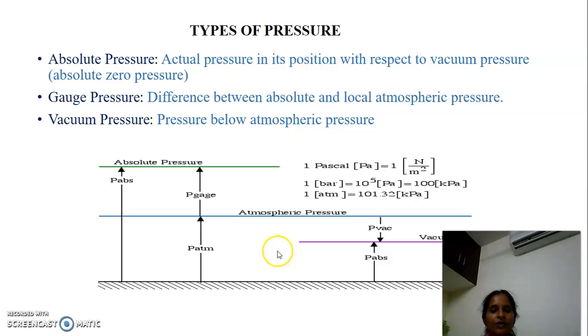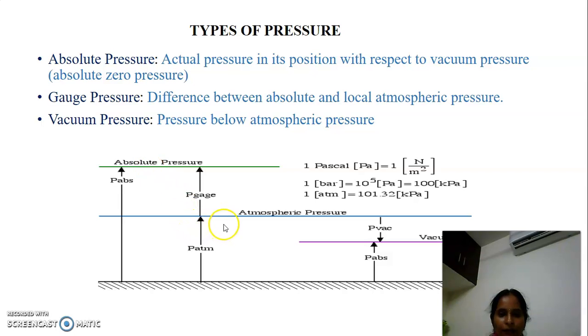The types of pressure are absolute, gauge and vacuum: three types of pressures. From this picture you can clearly see this is the atmospheric pressure level. If you want to get the absolute pressure, the atmospheric pressure should be added to the gauge pressure. Atmospheric pressure plus gauge pressure gives you absolute pressure.